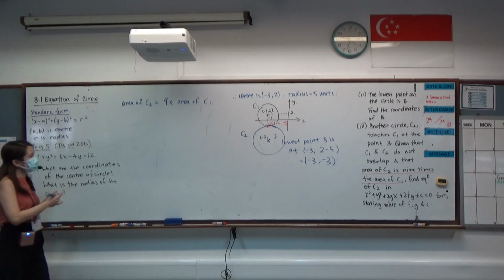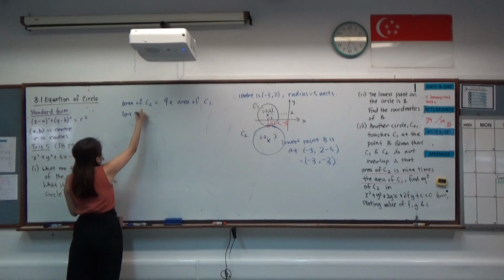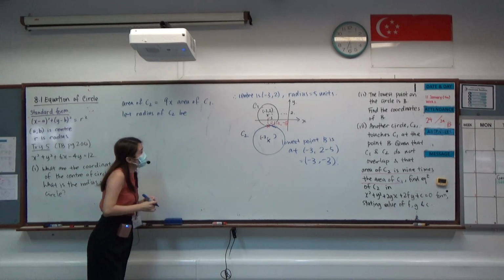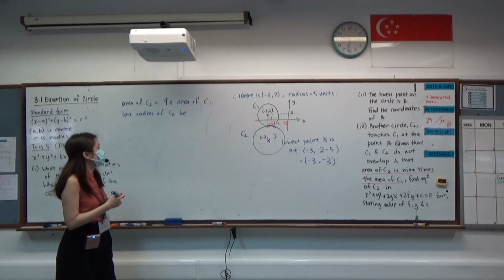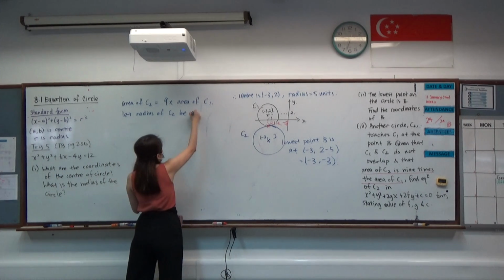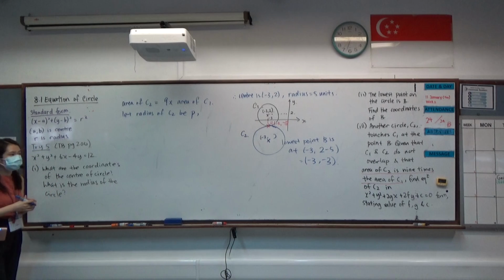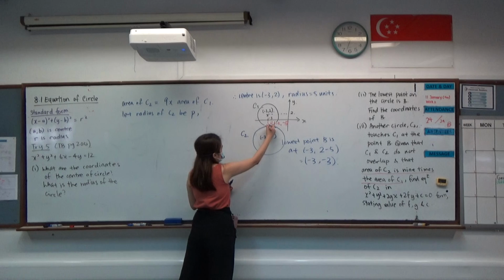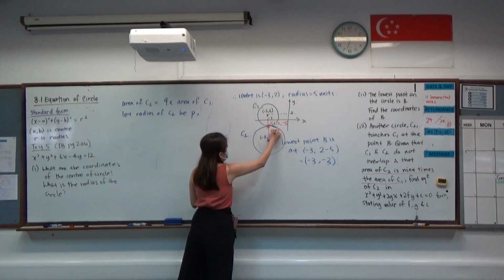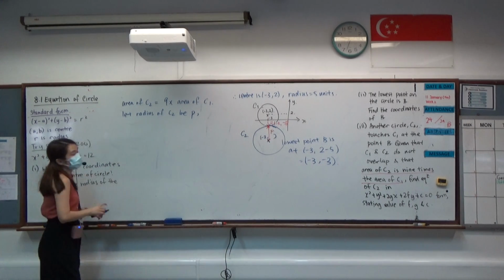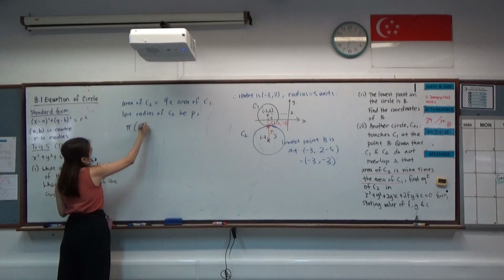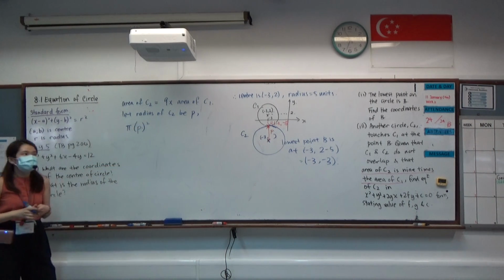We can let the radius of C2 be, just now we have used R already, so let's maybe use P. So that means the radius here is P units. Area of a circle is pi r squared, so in this case it will be pi p squared for area of C2.